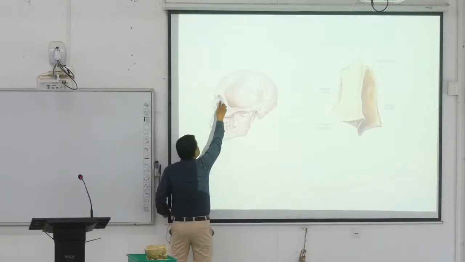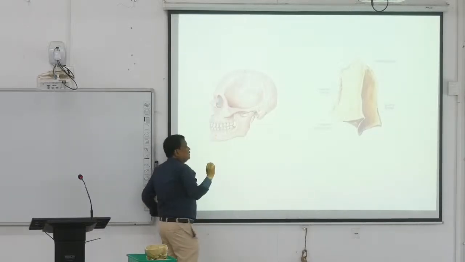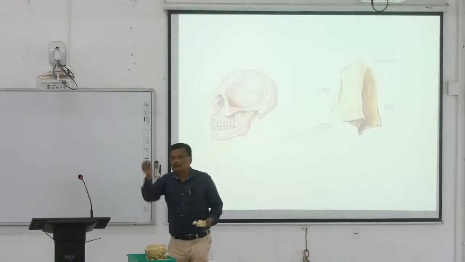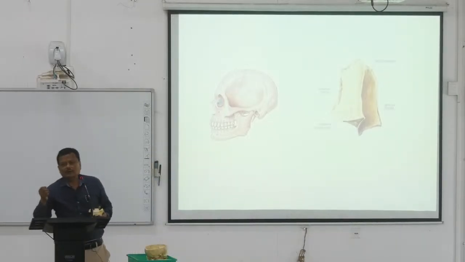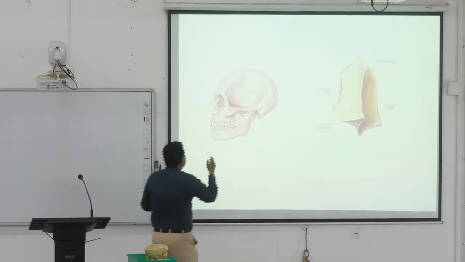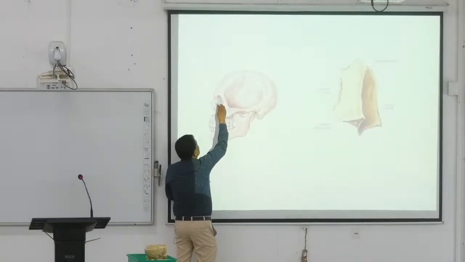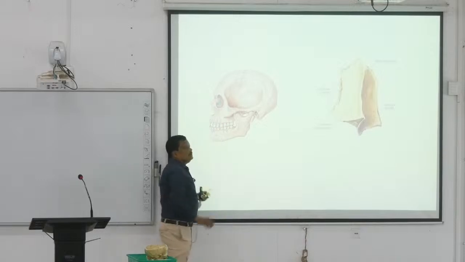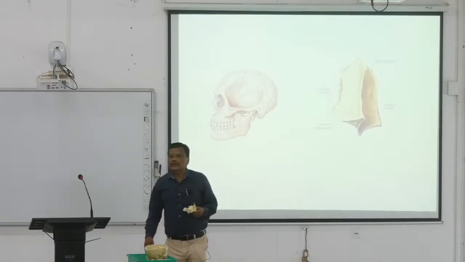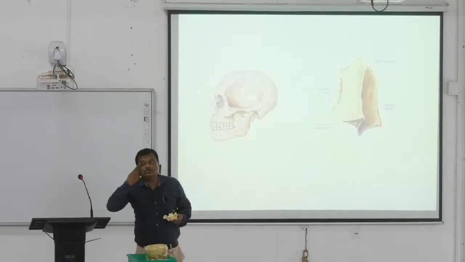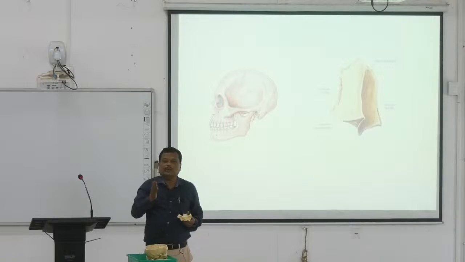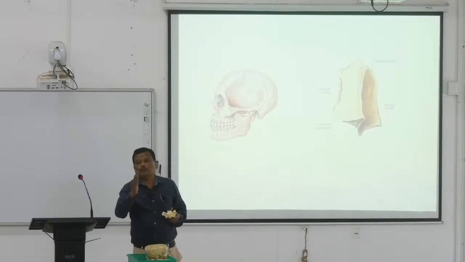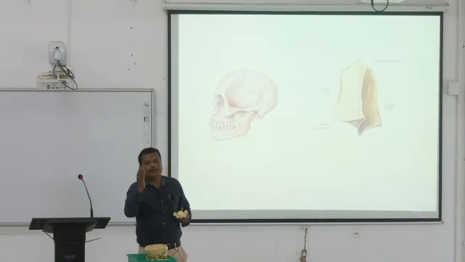Like a urinary bladder contains urine, for a short while a certain amount of tear accumulates here in the lacrimal sac. So the lacrimal gland is situated in the frontal bone, but the lacrimal sac is situated between the maxilla and the lacrimal bone, between the anterior lacrimal crest and the posterior lacrimal crest.